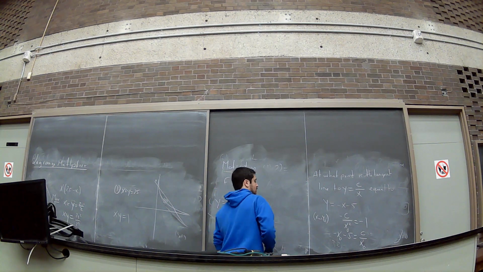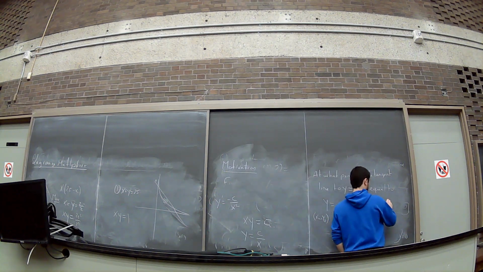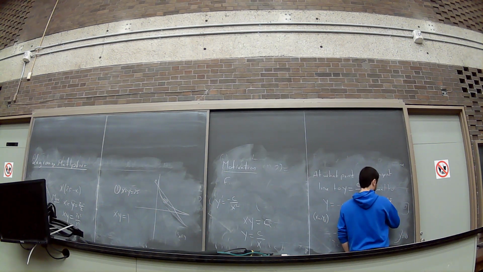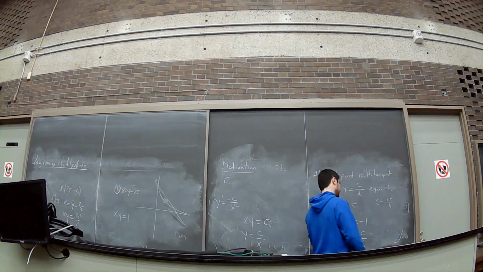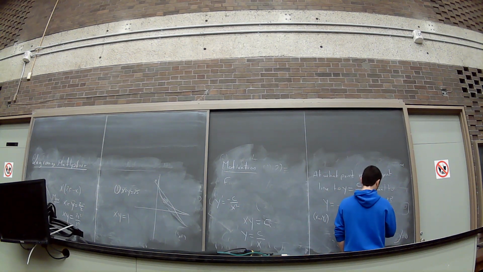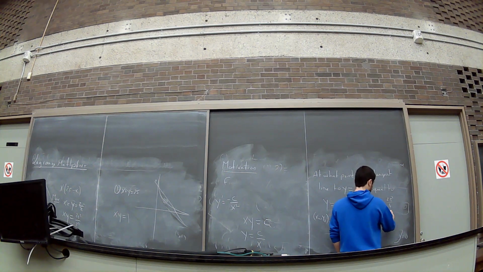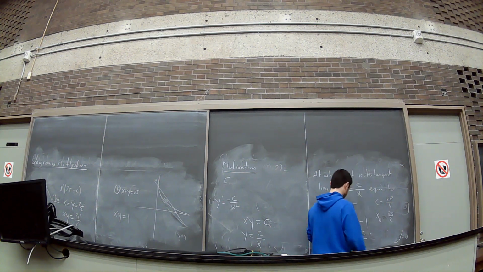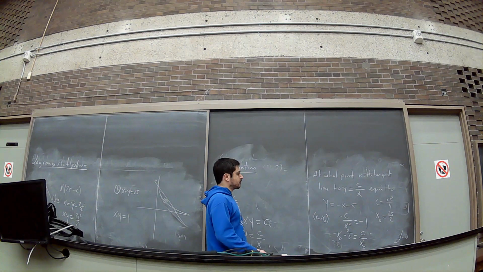So take c to be, sorry, 25 squared over 4, and x0 to be 25 over 2. What is minus c over x0 squared?